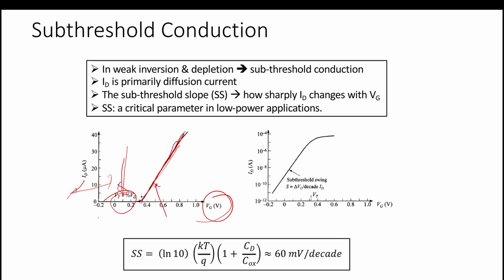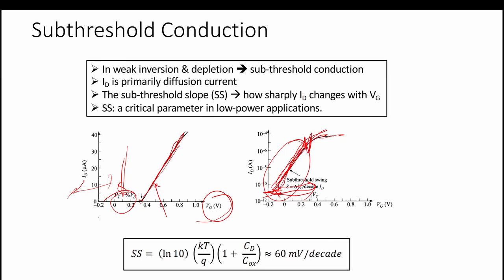In the weak inversion region, how much voltage is it taking to turn on the transistor? This is the off state, and this is the on state. This much voltage it is taking to turn on the transistor; this is the threshold voltage.